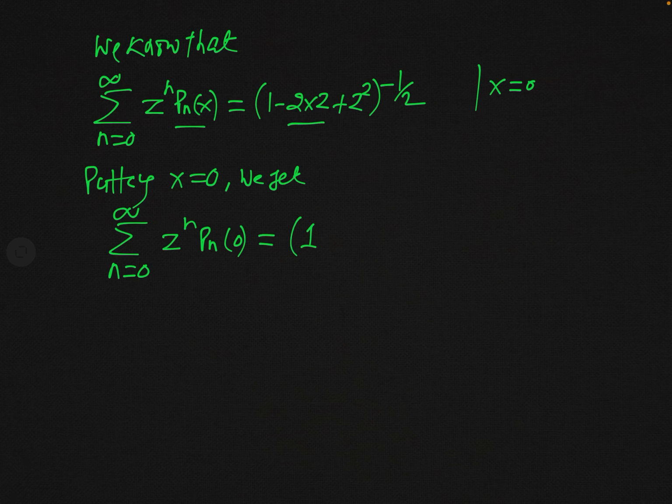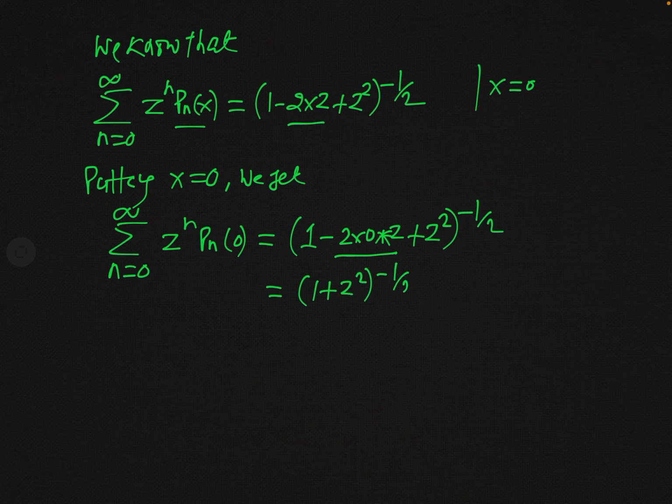Now see the RHS. In the RHS there is 1 minus 2xz plus z square, all to the power minus half, but x is 0.